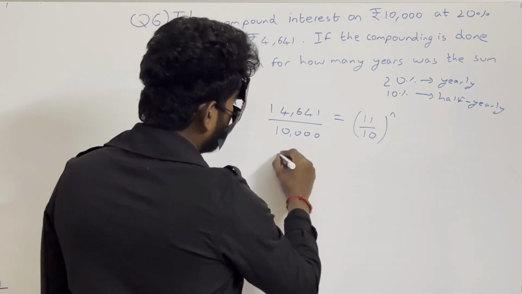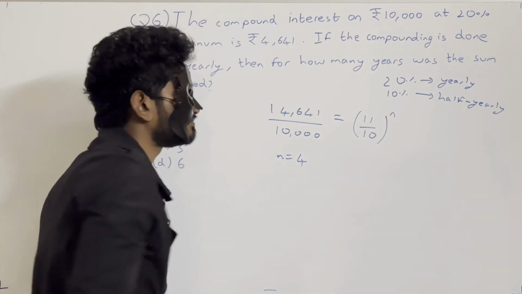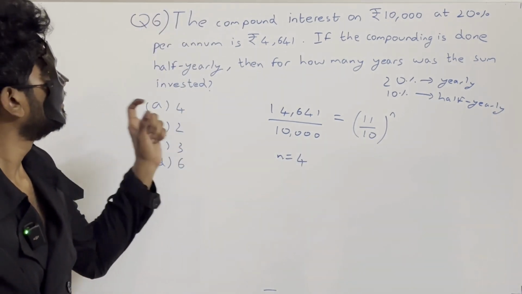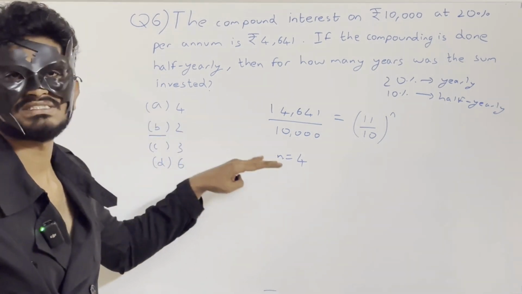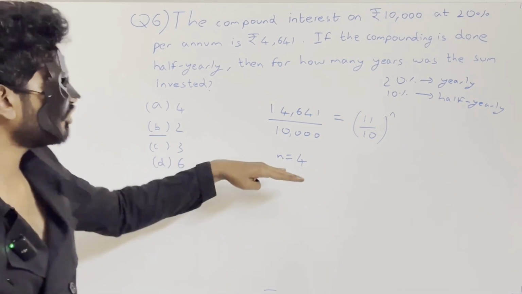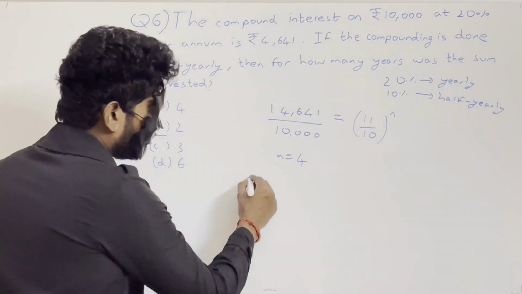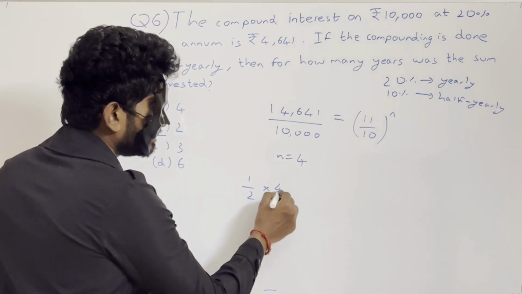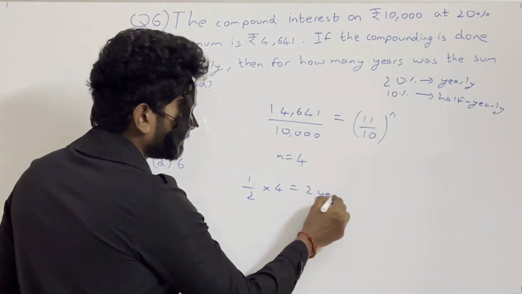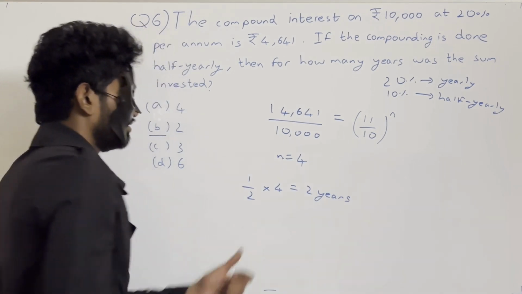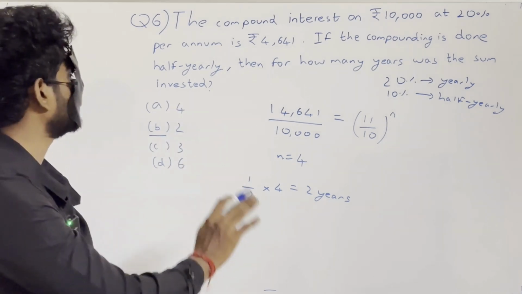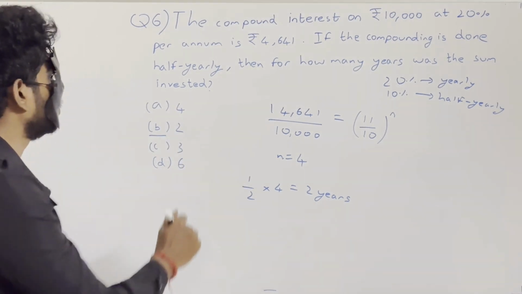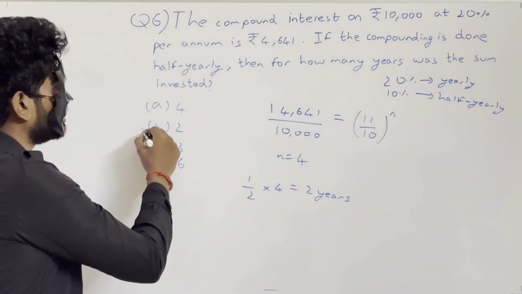So here n will be equal to 4, and this n value represents the number of cycles. So 4 half yearly cycles. So it is 2 years. 4 half yearly cycles is equal to 2 years. So for how many years was the sum invested? It is 2 years. So option B is right.